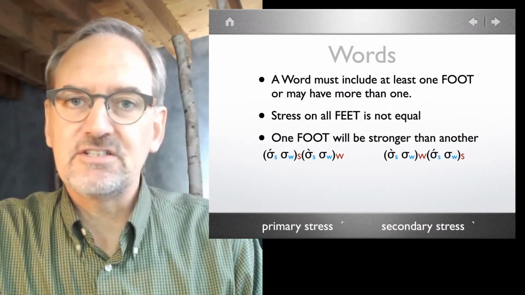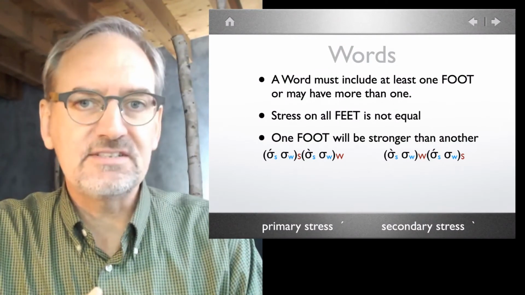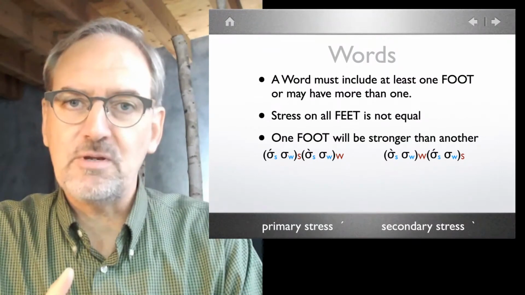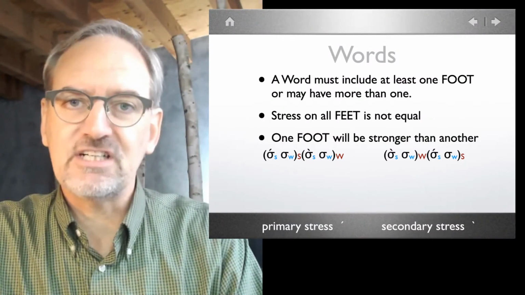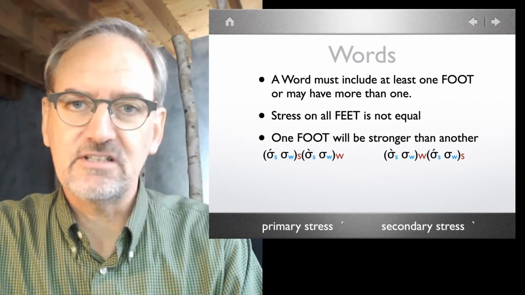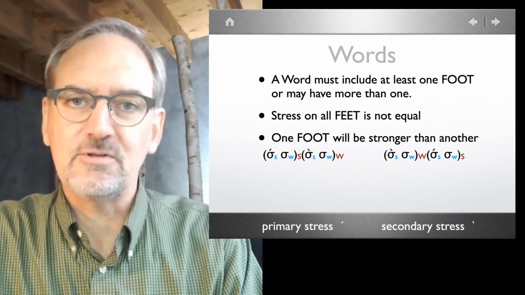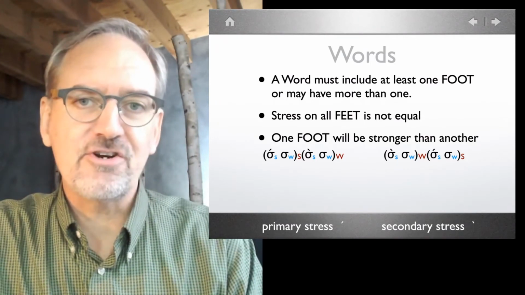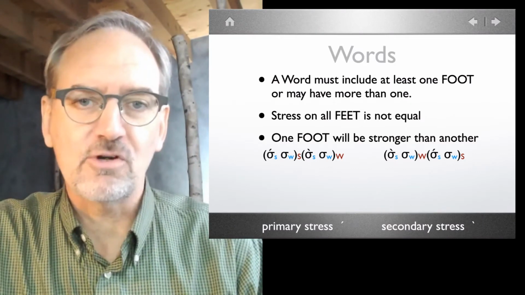But because stress is on the strong syllable in the foot, it's going to be pronounced on the first syllable of the first foot and the first syllable of the second foot, which is the first and third syllables of a 4-syllable word.